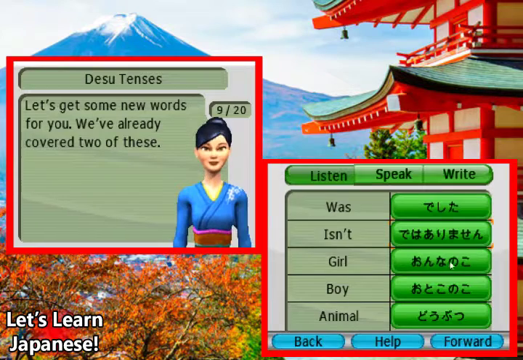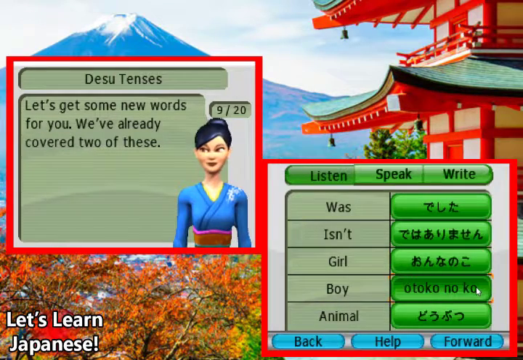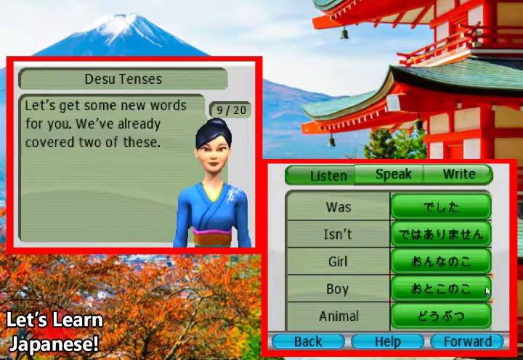This is woman child, which is girl. 女の子。 So we know ko, that was child. So similarly, man, child, boy. 男の子。 This is 動物, which is an animal. So we have でした, ではありません, 女の子, 男の子, and 動物.